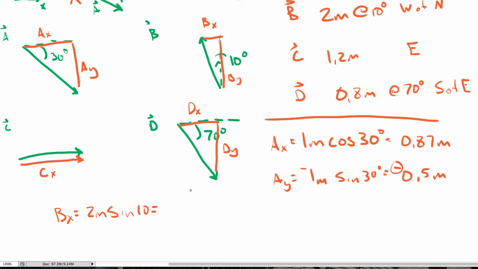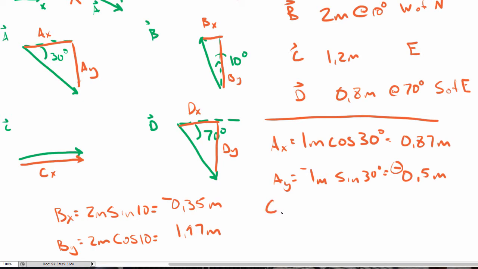It just depends on which angle you're given. If you do that, you should see that that's equal to 0.35 meters. Again, x now is pointing to the left. That is the negative direction, so I need to stick a negative sign there. By is equal to 2 meters times the cosine of 10 degrees. If you solve for that, you get 1.97 meters.